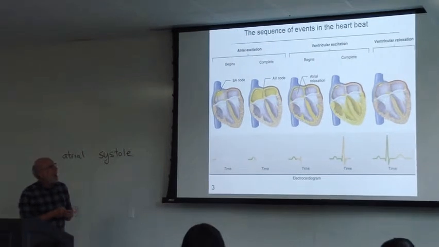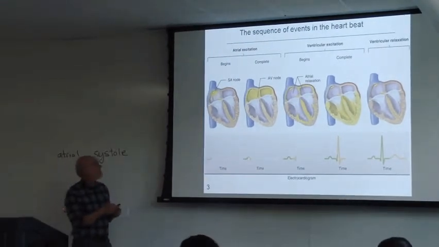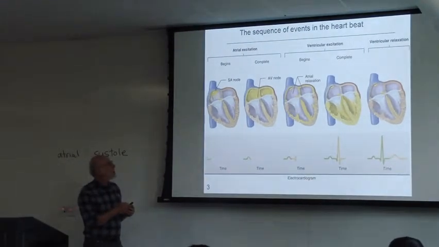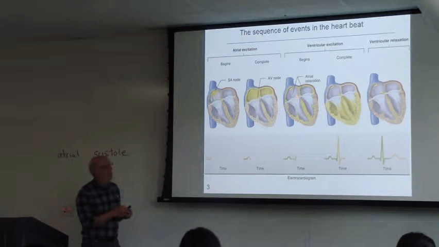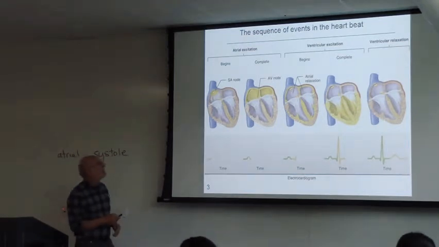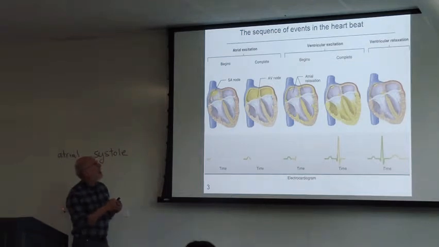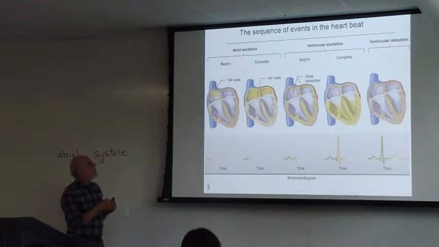So after the electrical activity spreads throughout the atria, it spreads into another structure here. This little yellow bulb here is supposed to represent something called the atrioventricular node. So SA stands for sinoatrial, and AV stands for atrioventricular.